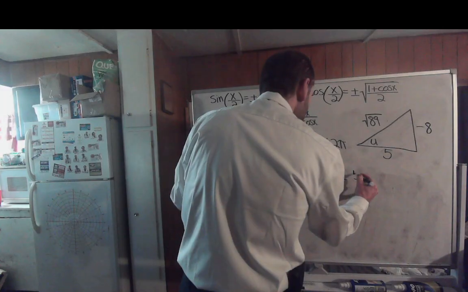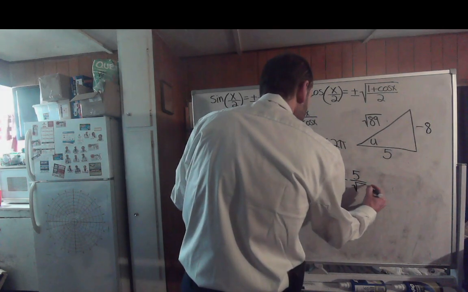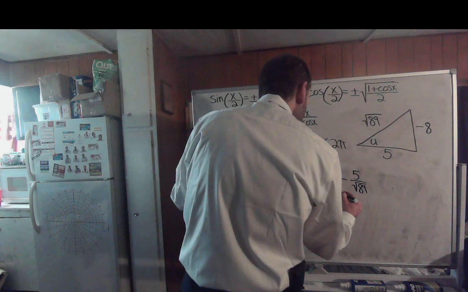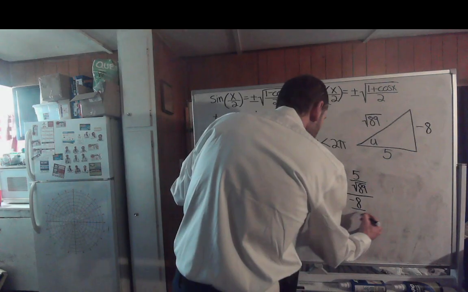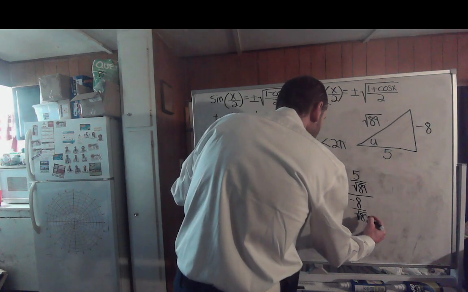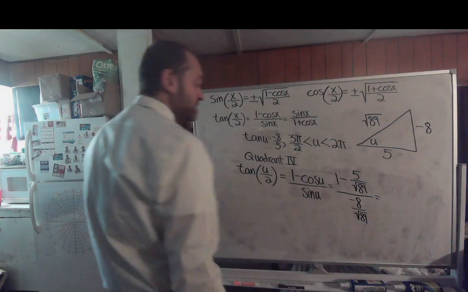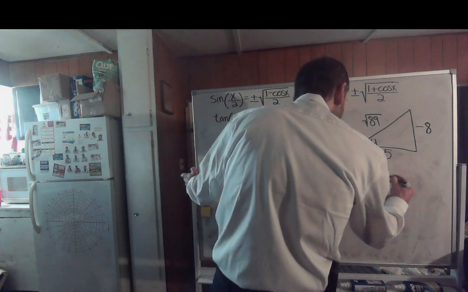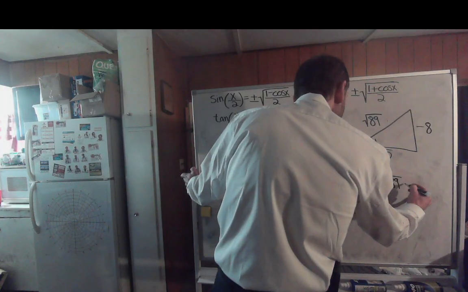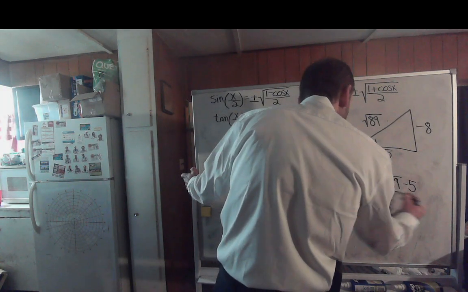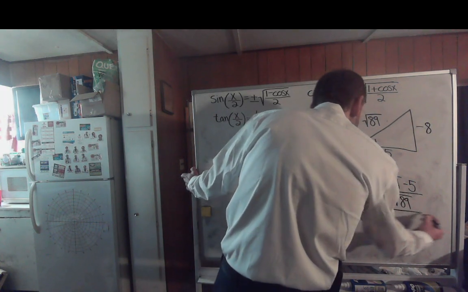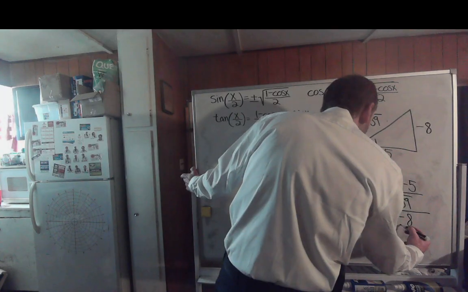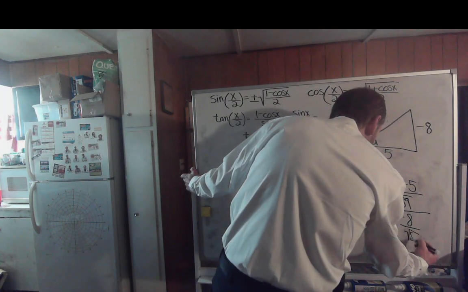Well, that's 5 over the square root of 89, all over the sine of u, which is negative 8 over the square root of 89. So this is going to turn into the square root of 89 minus 5, all that all over the square root of 89, all that divided by negative 8 over the square root of 89.